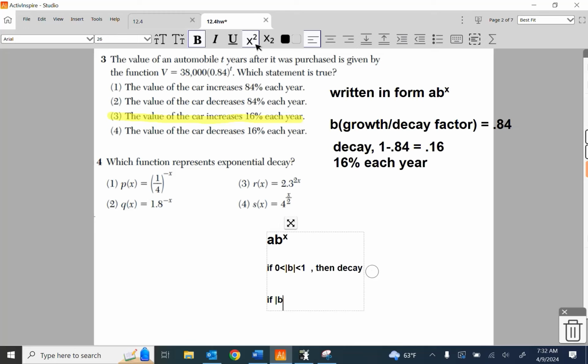If the absolute value of b is bigger than 1, growth. So b is going to be the guy with the exponent. If I look at this one right here, I can tell you b is 1/4. That's decay all day long. Plain and simple. That's a growth, growth, growth.